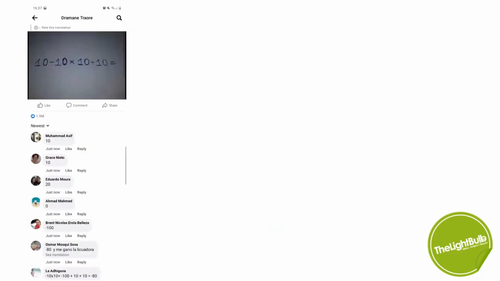Okay, let's look at this example here. This was from my Facebook page not so long ago. They tend to come up from time to time and do the rounds. But you can see there on the top of the screen, 10 minus 10 times 10 plus 10 equals, and then below in the feed, you can see already from the first couple of answers there, we've already got quite a range of answers.